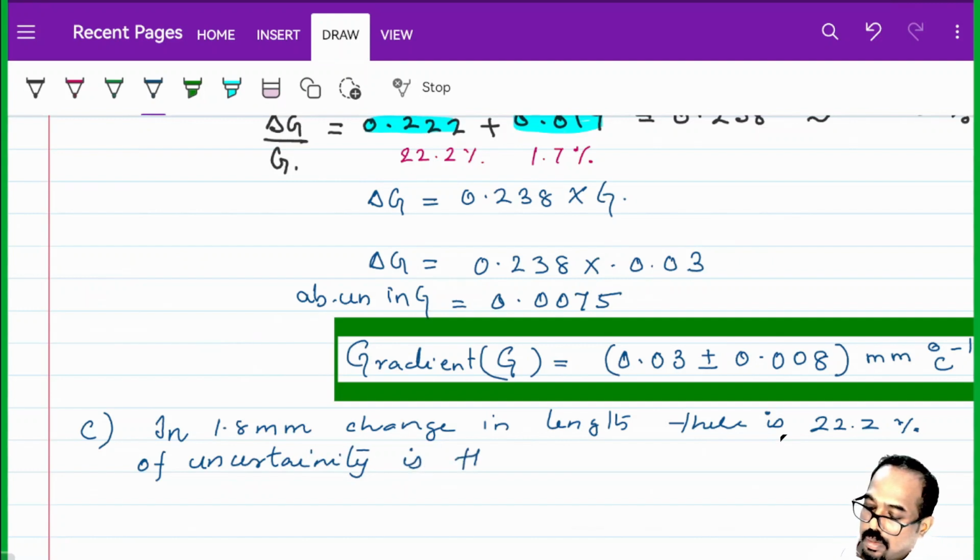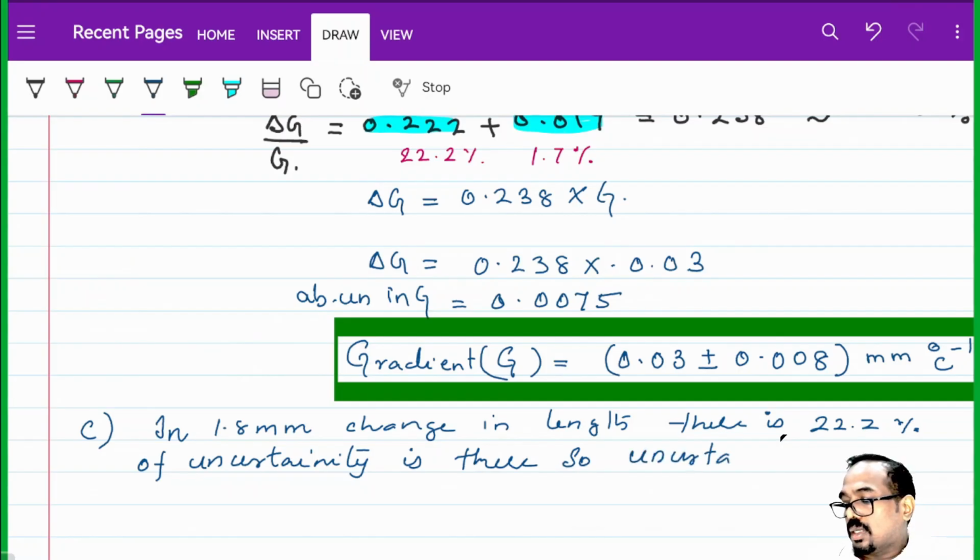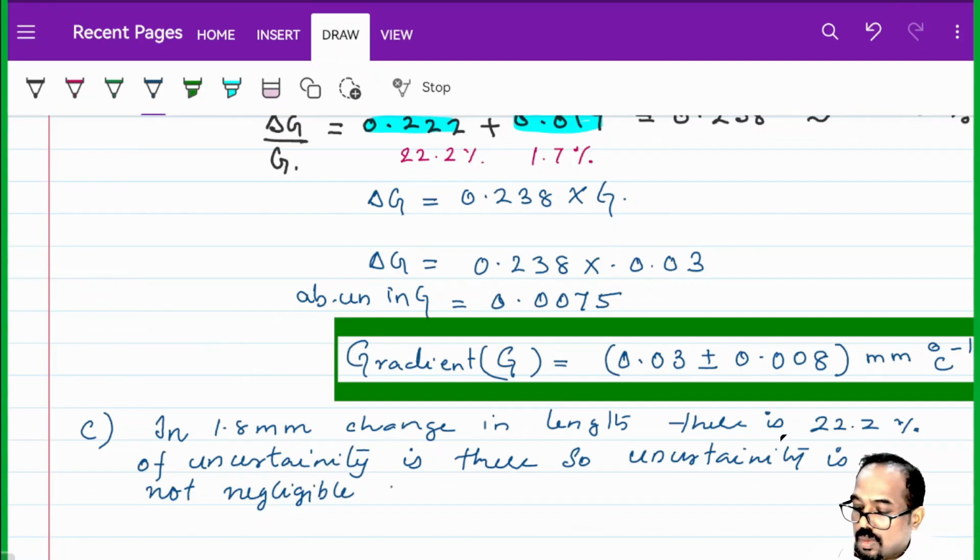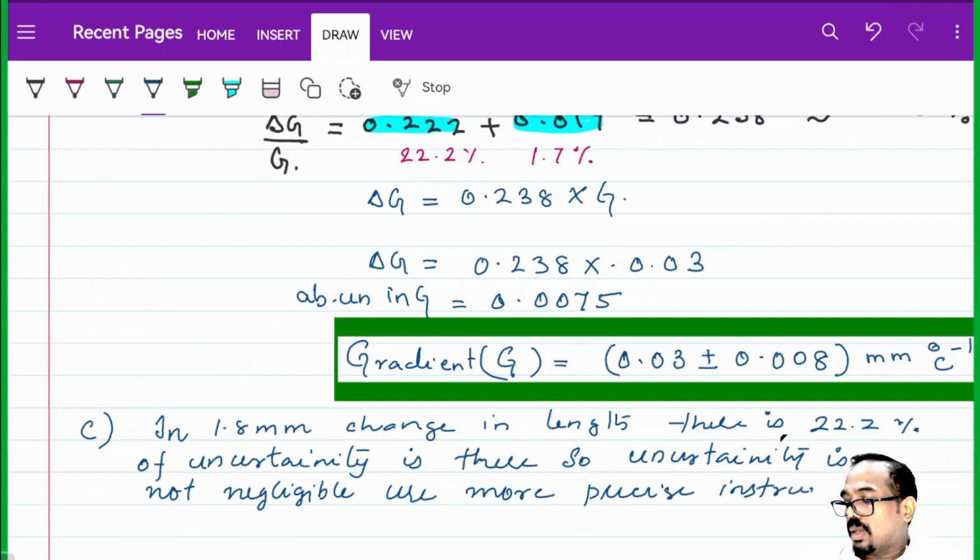So the uncertainty is not negligible. Use a more precise instrument to measure length.